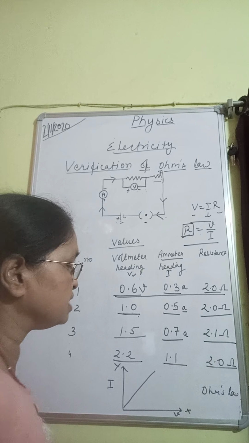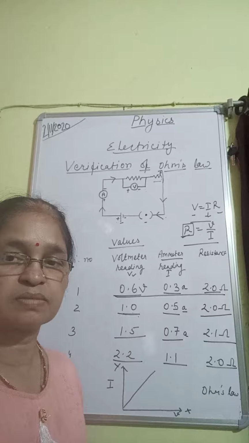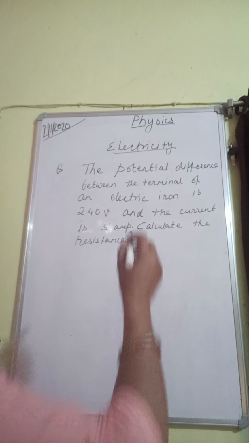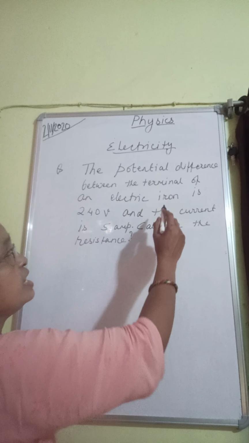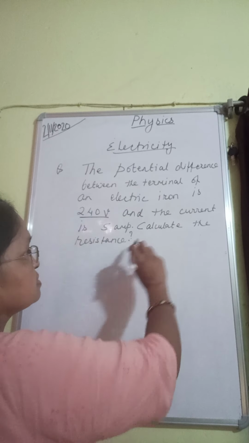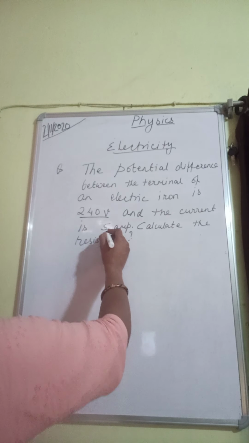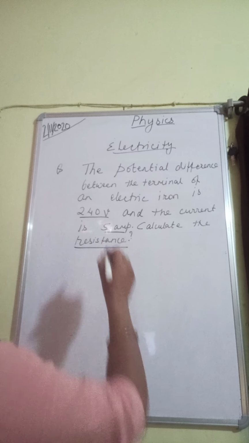So based on this, let us calculate one numerical. See the question. The potential difference between the terminals of an electric iron is 240 volt and the current is 5 ampere. We have to calculate the resistance.